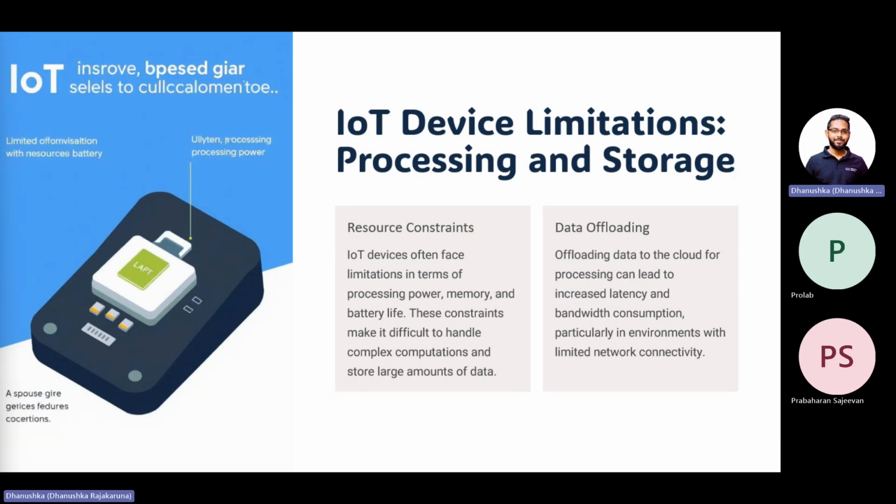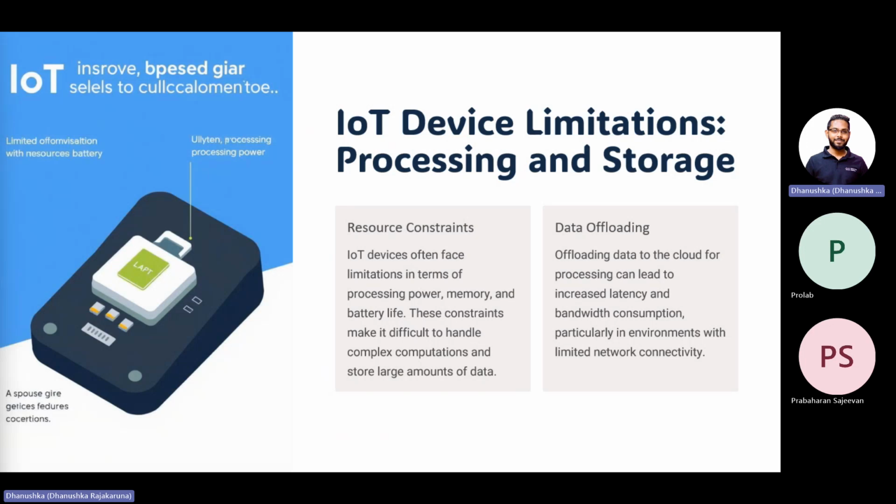Then functionality limitations: resource-constrained devices may compromise on features such as lower sampling rates or less frequent updates. So the role of data offloading refers to transferring data from IoT devices to more capable systems such as edge servers, fog nodes, or the cloud.